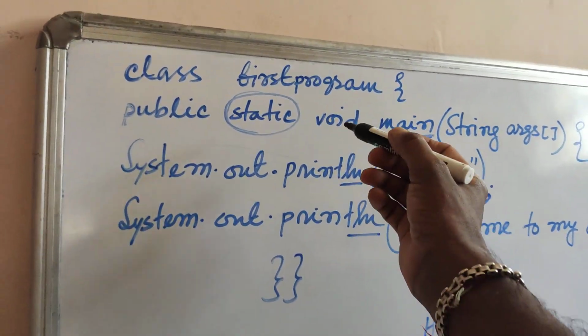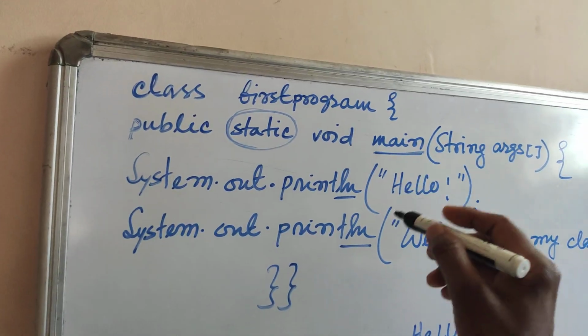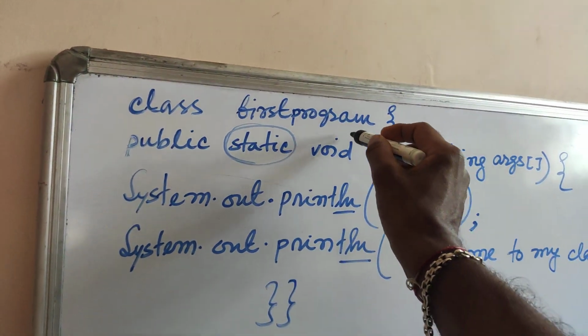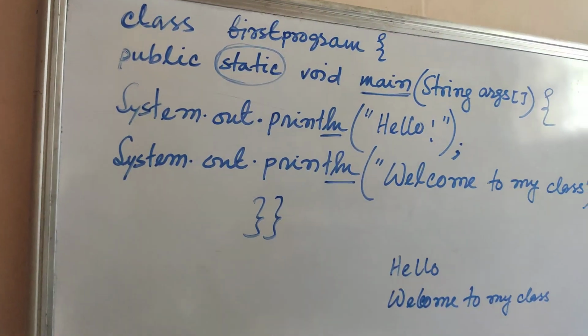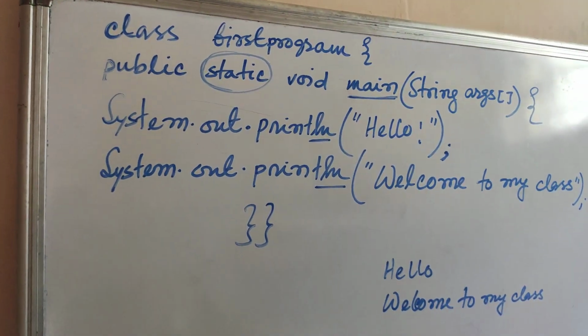Void is a type of function. Functions are of 2 types, one is pure, another is impure. When you are using void, it is treated as an impure function.